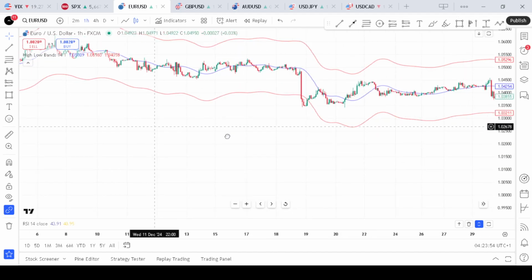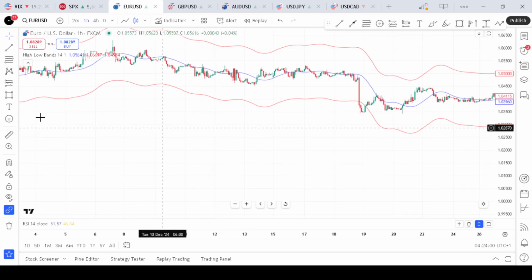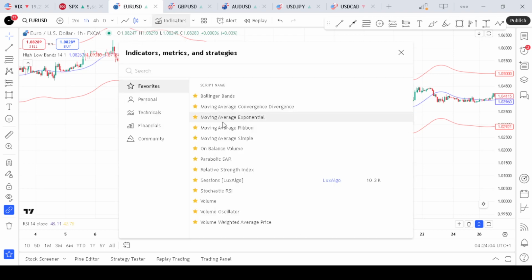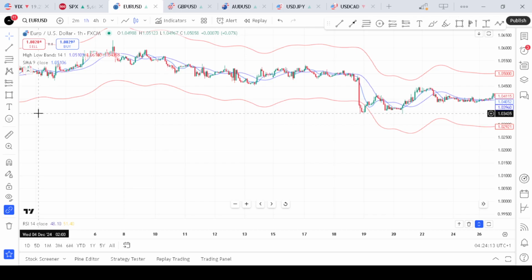Now the fifth step is a high-low band using a moving average crossover. You can actually apply your simple moving average to this strategy. You set your moving averages: you use your 10 simple moving average and your 50 moving average.